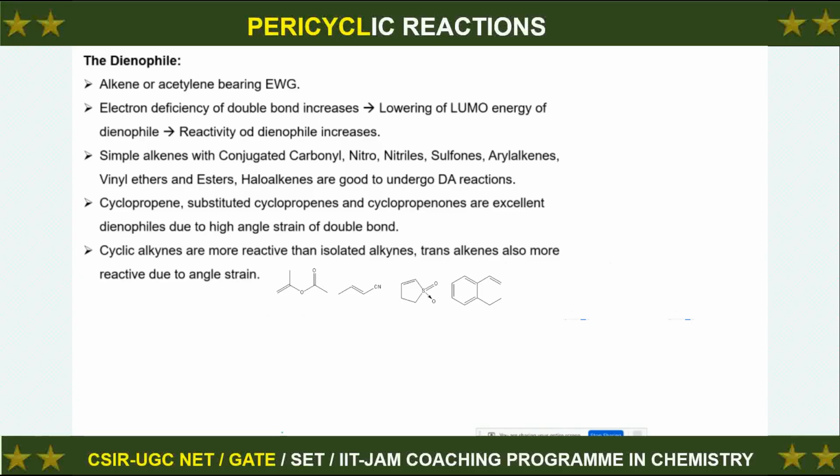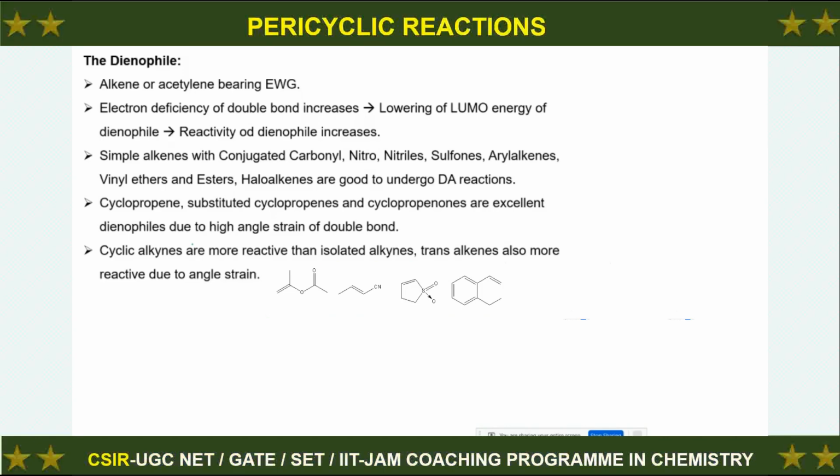Okay, now the dienophile. An alkene or alkyne is most of the time a dienophile. It should bear an electron withdrawing group, which is good because the electron deficiency of the double bond is increased by the electron withdrawing group. This causes the lowering of the LUMO energy level of the dienophile.